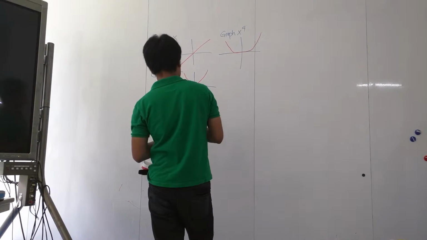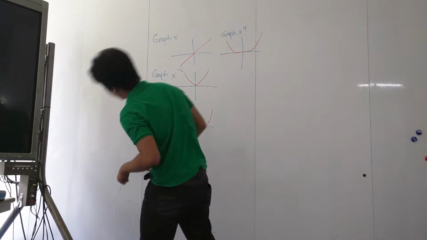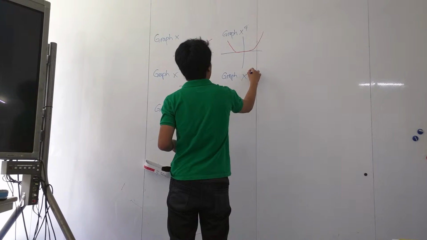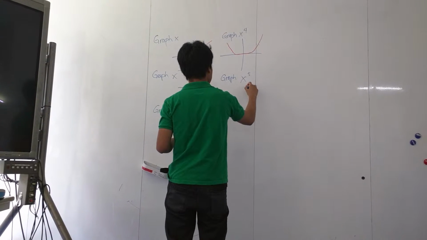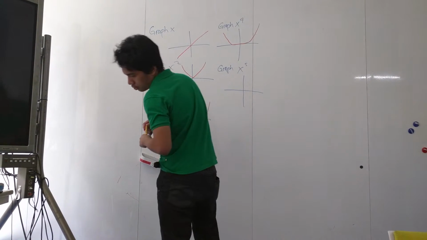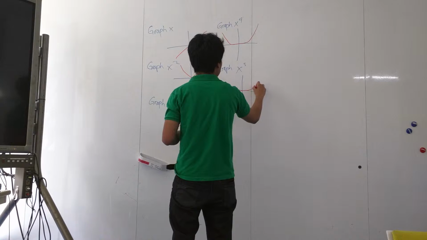Okay. Next is the graph of x to the power of 5. So it will be like this.